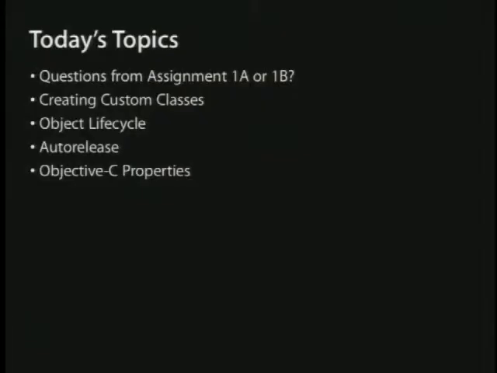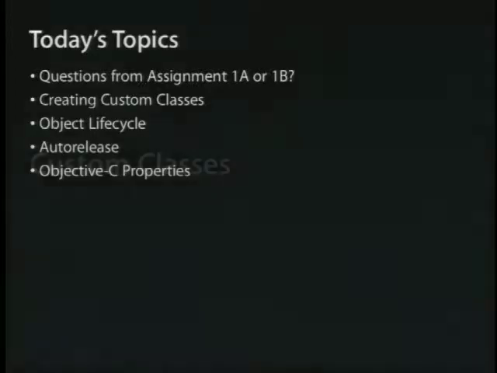Today we're going to talk about, like I said, creating a custom class, a class that you define. And we'll talk about some memory management, the life of the object, so when you can expect an object to be allocated and released, or deallocated. And then we'll get into different ways of accessing variables on those objects, using properties and using setters and getters.